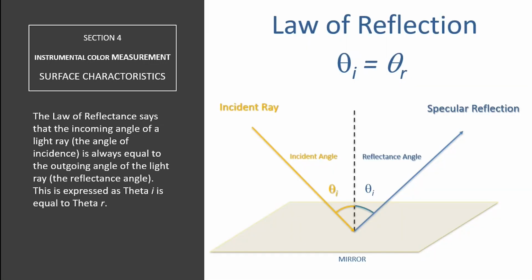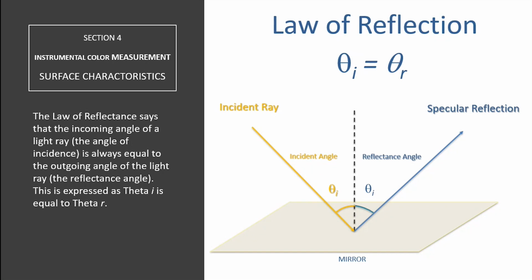To understand that, we need to understand a little bit about reflectance. The law of reflectance says that the incoming angle of a light ray, the incident angle, is equal to the outgoing angle of the light ray, which is the reflectance angle.